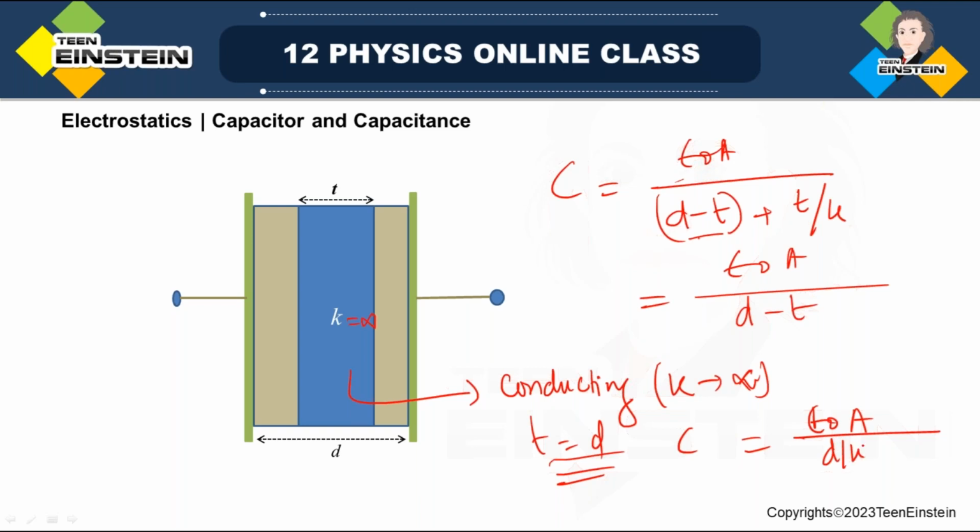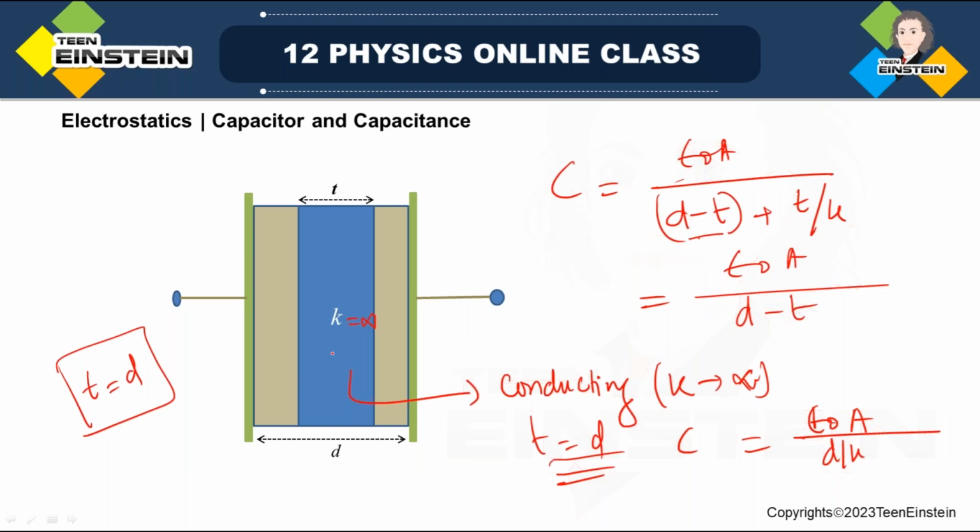So epsilon 0 A divided by d by k, which is the formula when d is equal to t. The whole space is filled with a single dielectric slab.